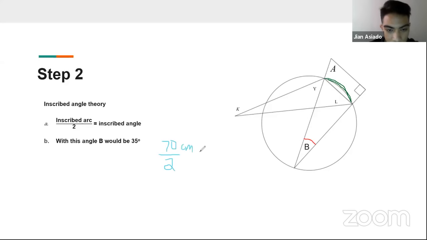Okay, no? So, yun yung measurement ng inscribed angle. So, this one, 35. Which is this. Okay?